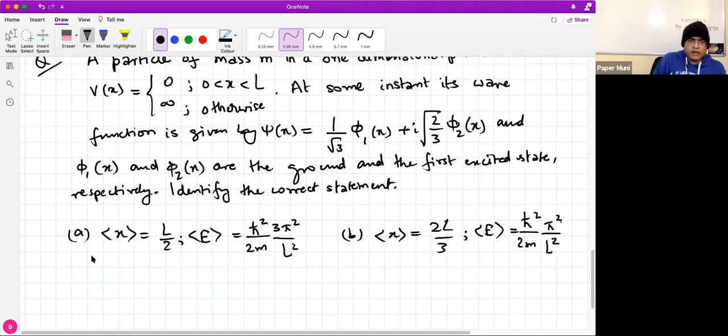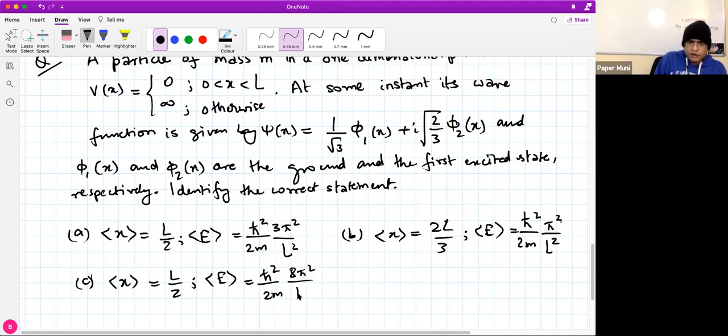C, x is equal to L by 2, and E is h cut square by 2m times 8 pi square by L square.